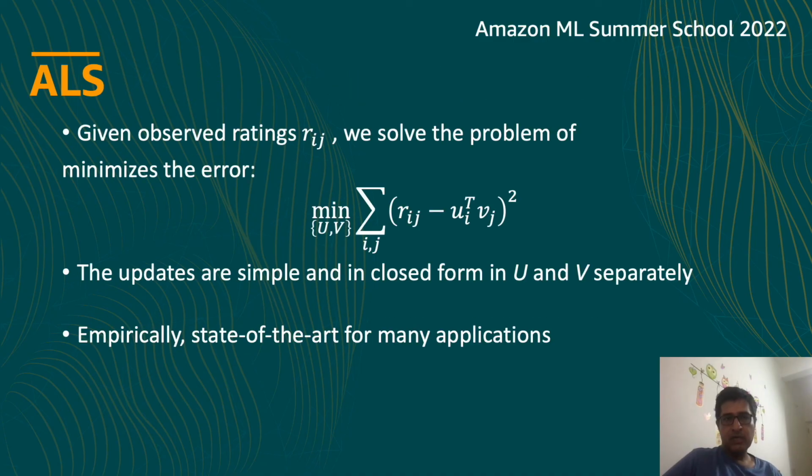So in trying to do this, like I said earlier, in one step you're trying to do the updates to U, and then given a particular U, you try and estimate what V would look like, and then U, then V, and so on and so forth, giving you the alternating least squares update structure to it.